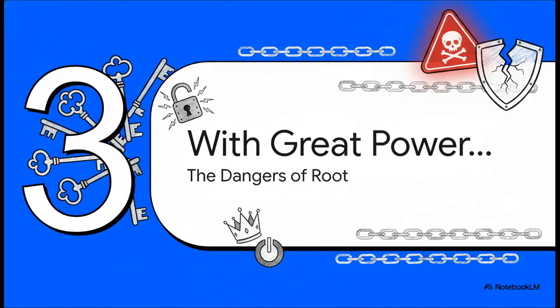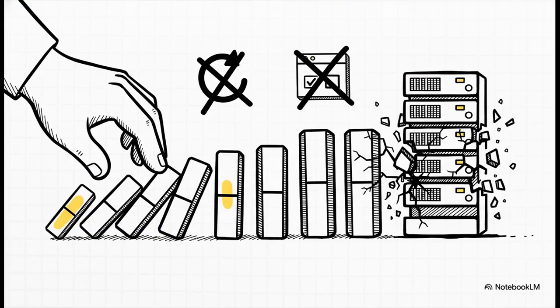But you know, having the keys to the entire kingdom, well, that comes with some serious responsibility. This kind of power isn't just a tool, it's also incredibly dangerous if you're not careful. And I'm not kidding here. A single wrong move, one tiny typo as root, and you can permanently wreck the whole system. There's no "are you sure" pop-up that's going to save you, no undo button for a lot of these actions.